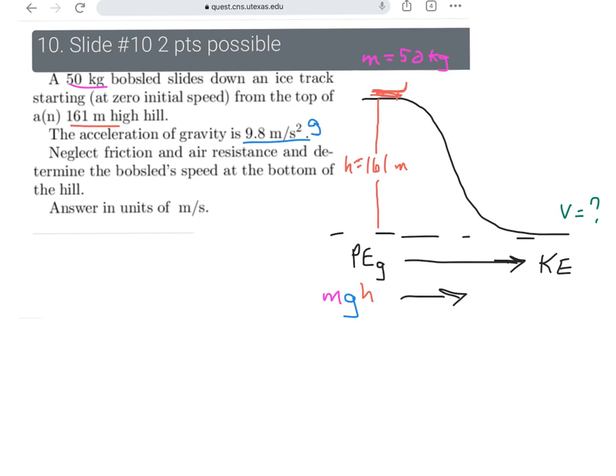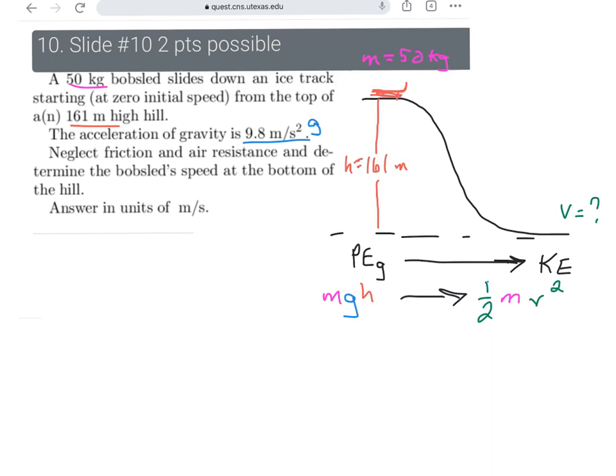And our kinetic energy is going to be 1/2 the mass times the velocity squared. So we still know what the mass is, and velocity is what we're trying to find ultimately.